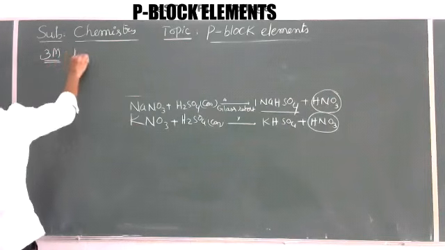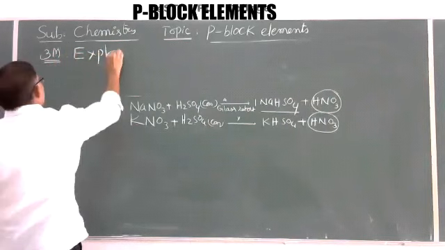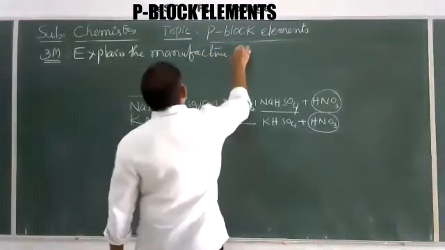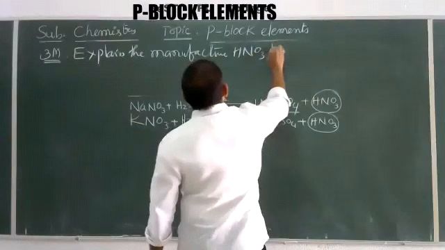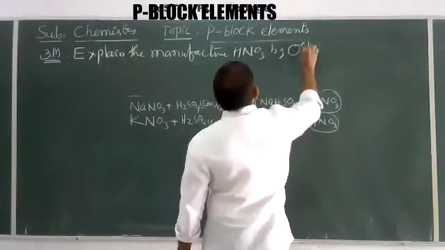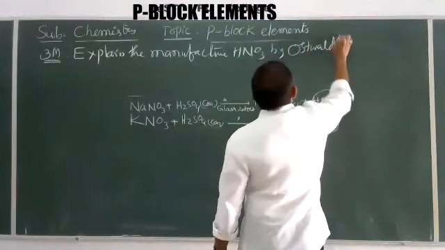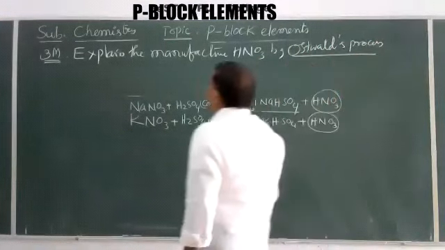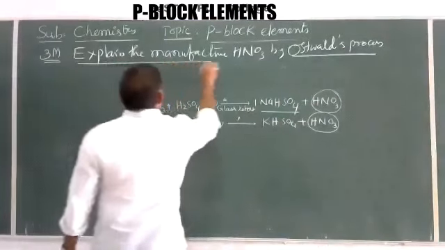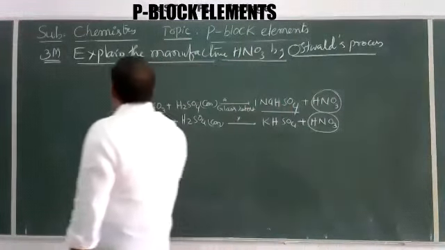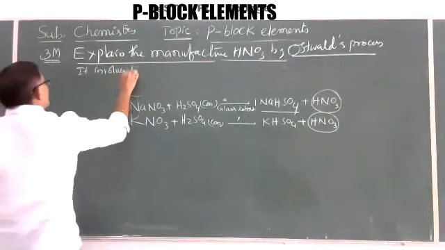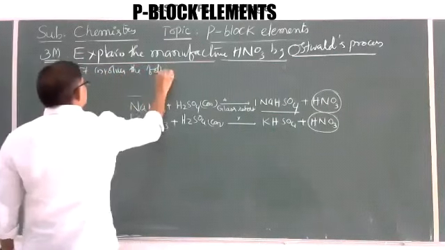Explain the manufacture of HNO3 by Ostwald's process. In this Ostwald process, mainly it involves the following three steps.